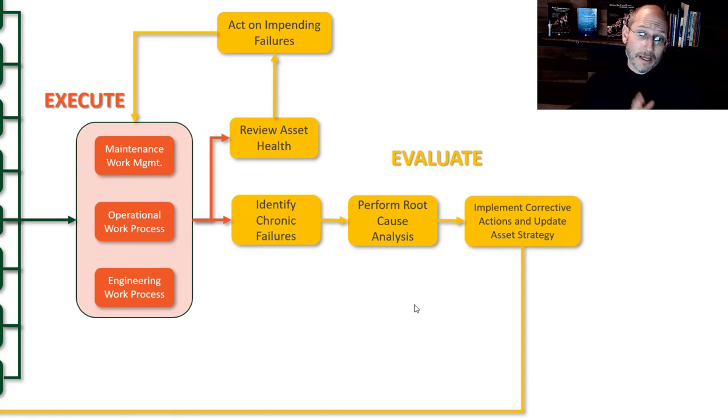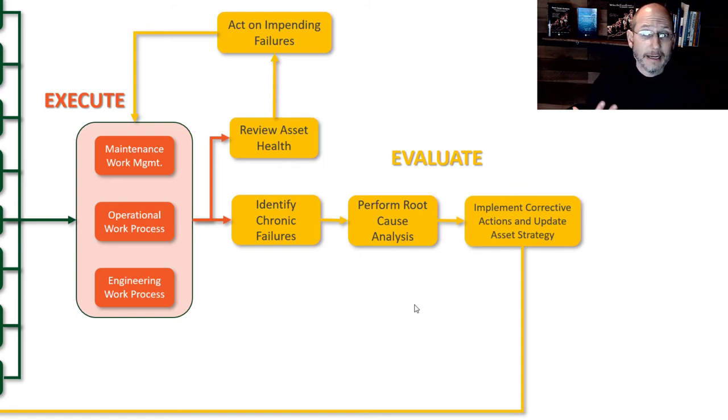However, we can also look at the data a little more broadly and say, wow, we're having a lot of repeat failures on, say, pump 101 or reciprocating compressor number 2, right? Those become prime candidates for a more in-depth root cause analysis. A root cause analysis will help us uncover the true underlying causes of the repeat failures.